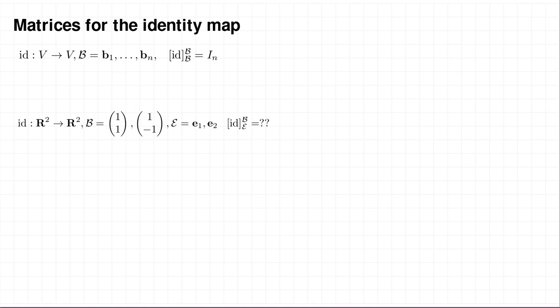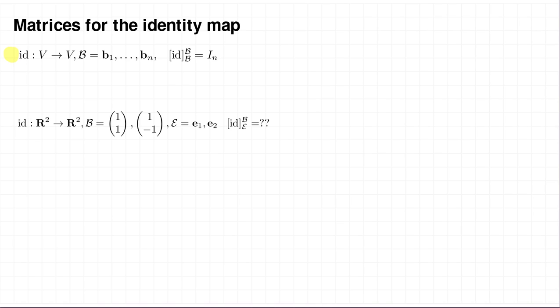Finally, we're going to look at some examples of matrices for the identity map. So let's look first of all at a simpler situation than the second one. In this case, we think about the identity map from a vector space V to a vector space V. And you'll remember that the identity map is the map that does nothing. So the identity applied to an element x of V is just the same element x again.